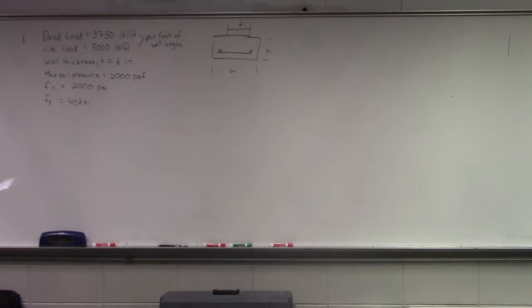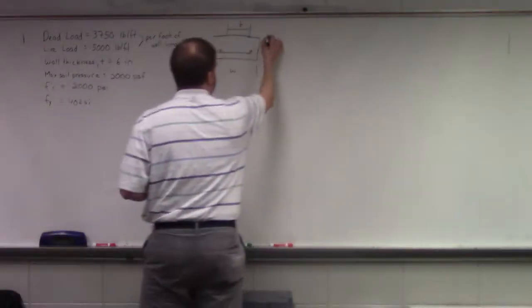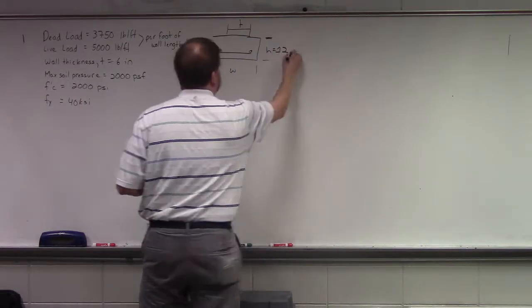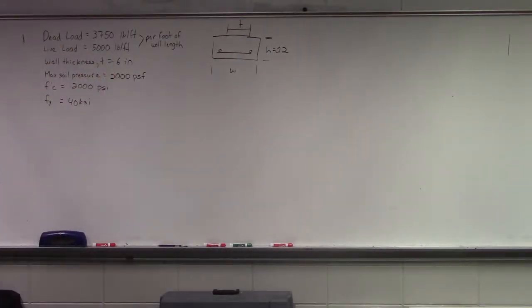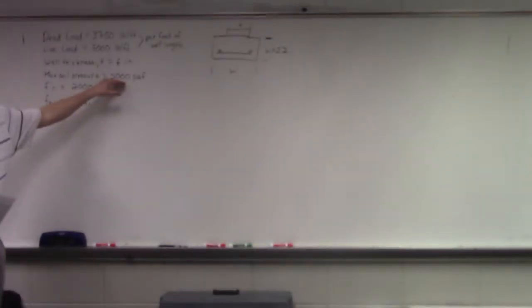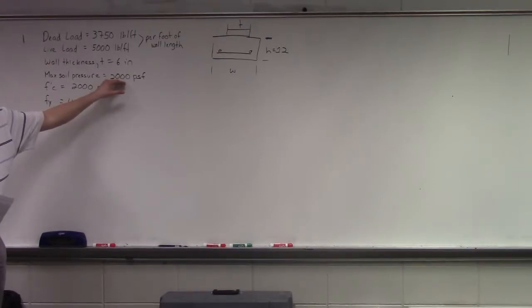Sign that. So remember that we were gonna try H equaling 12, right? And if we use H equal 12, what did that end up getting our net soil pressure to? Remember? Hold on, 2,000 minus 100.